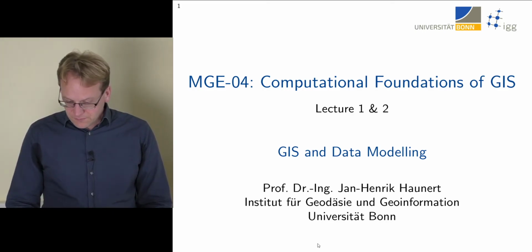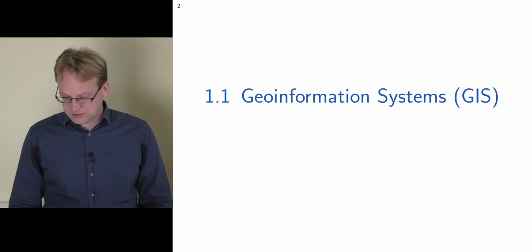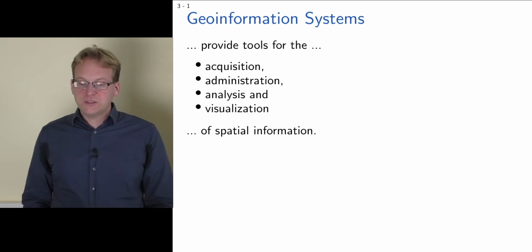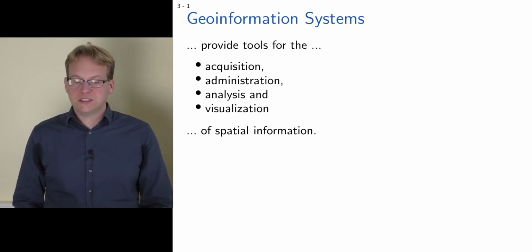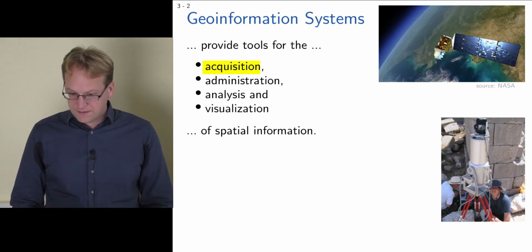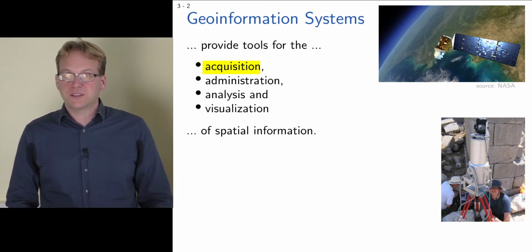Well, geoinformation systems, or in short GIS, sometimes also called geographic information systems, are systems providing tools for the acquisition, administration, analysis, and visualization of spatial information. And this acquisition is done with different sensors from different platforms.